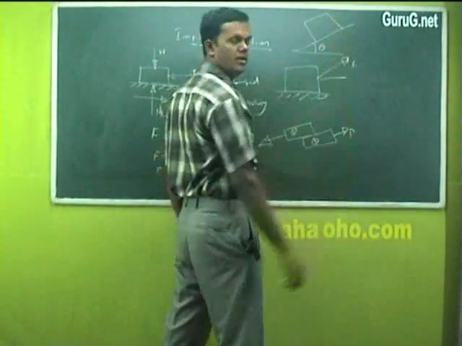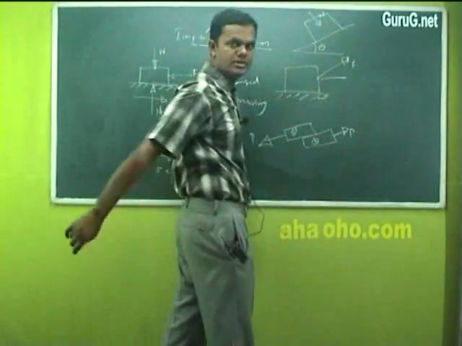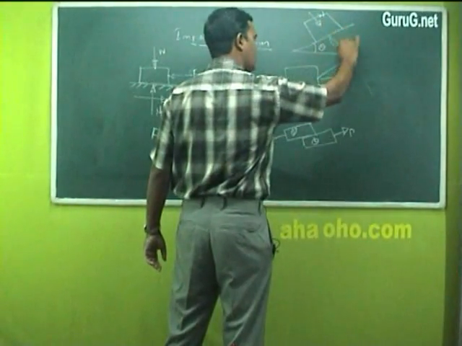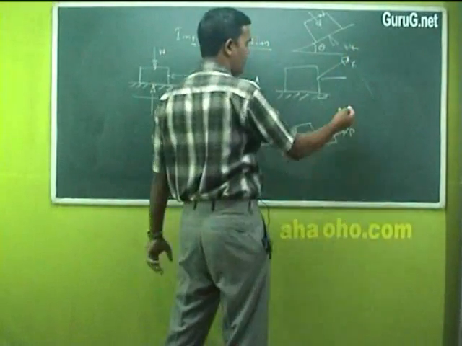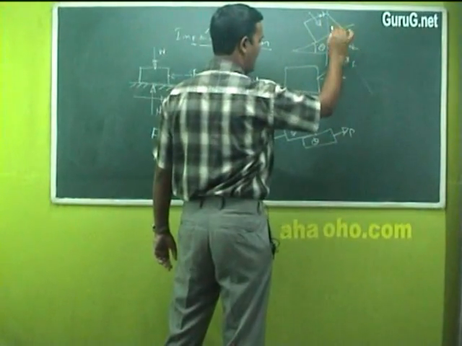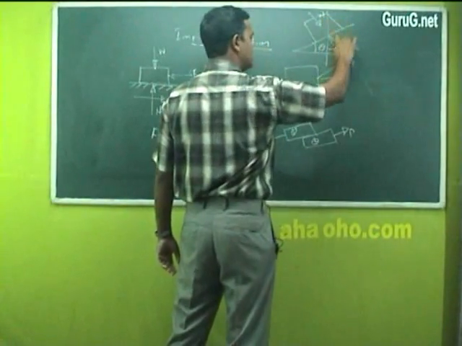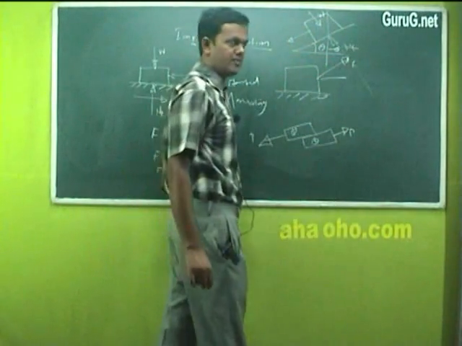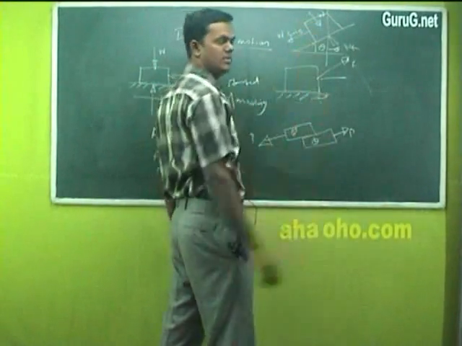Here I will have a body. The body weight will always act downwards, and it is obvious that the normal reaction will always be perpendicular to the plane of the body. Now naturally, when you have the body in an inclined direction, this will be your weight into sin theta, is it not?